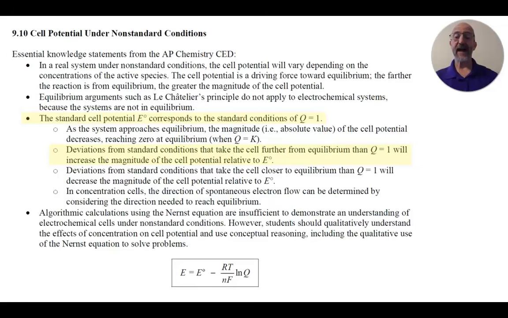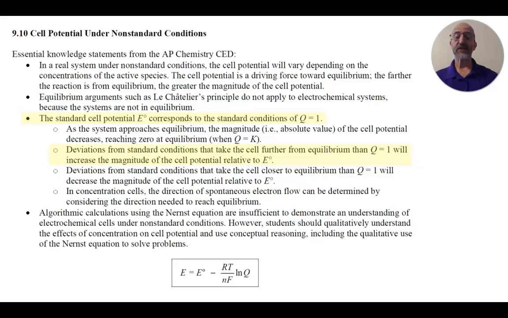Now, here is that essential knowledge statement that confirms what's happening right now when Q is less than 1. Deviations from standard conditions that take the cell further from equilibrium than Q equals 1 will increase the magnitude of the cell potential relative to the standard cell potential values. And that's what's happening under these non-standard conditions here in question 1 in this packet.